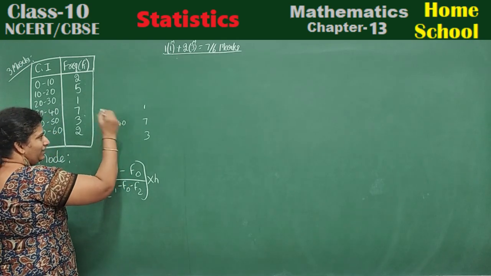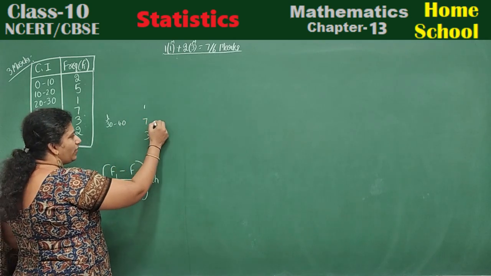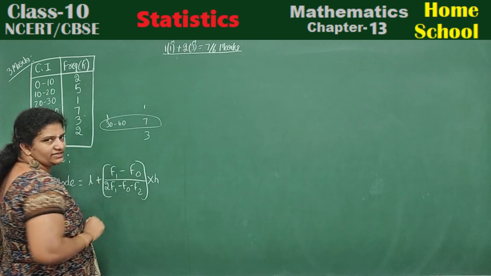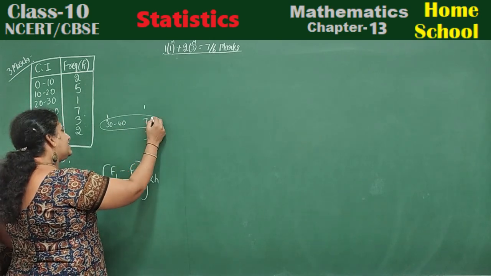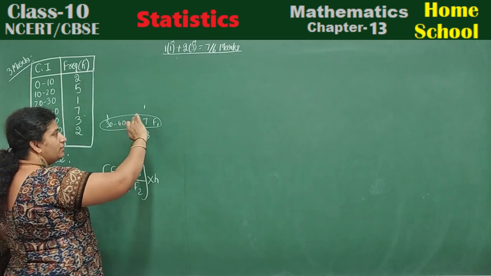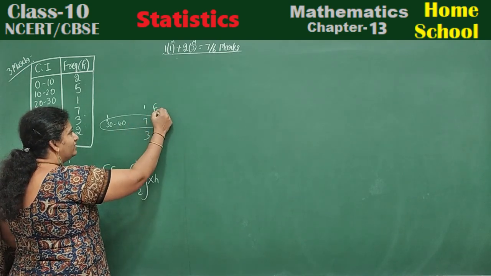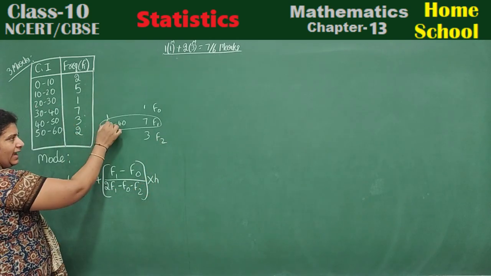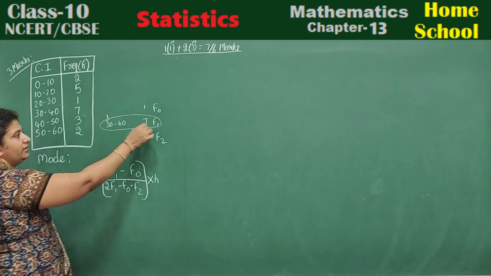So L, and this is the frequency in the modal class. This is called the modal class, children. Frequency in the modal class, I will write as F1. Preceding frequency, F0. Succeeding, F2. L is the lower limit.